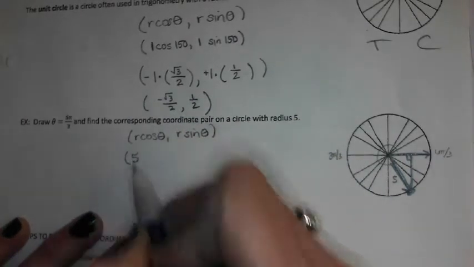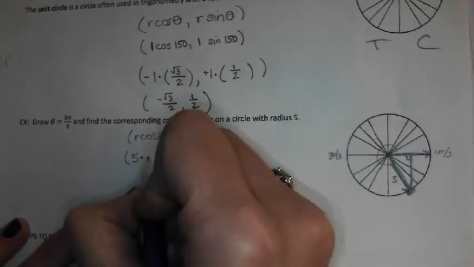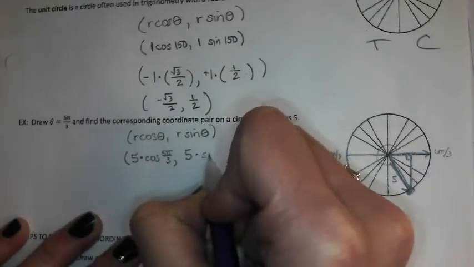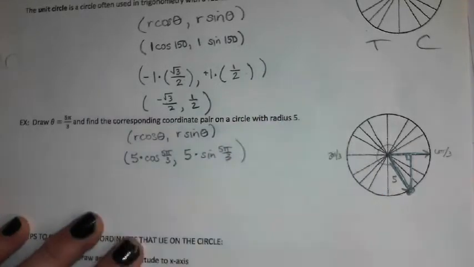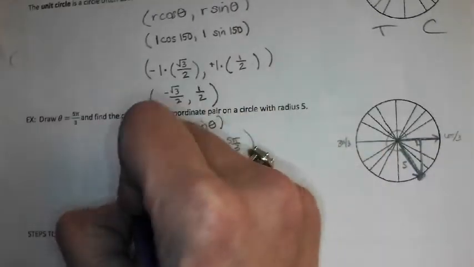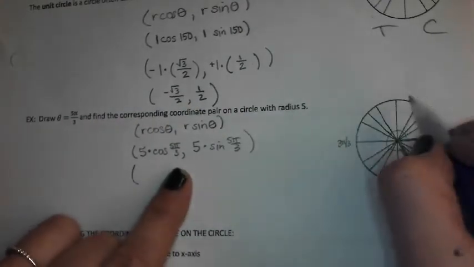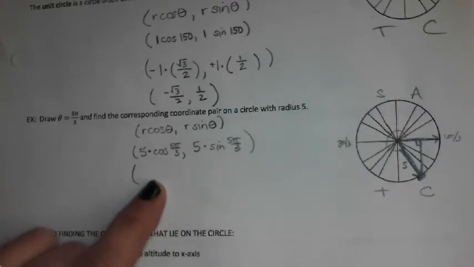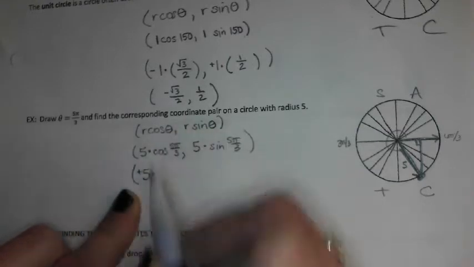So our r is 5, and we want the cosine of 5 pi over 3, and then 5 times the sine of 5 pi over 3. And our side project is really finding the cosine of 5 pi over 3 and the sine of 5 pi over 3, both of which are two-step processes, because we've got to think plus or minus, and then we've got to think value. So in the 4th quadrant, is this cosine of 5 pi over 3 going to be positive or negative? So positive 5 times, what's the reference angle?